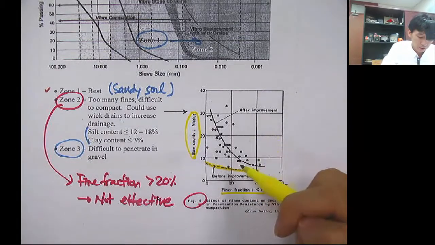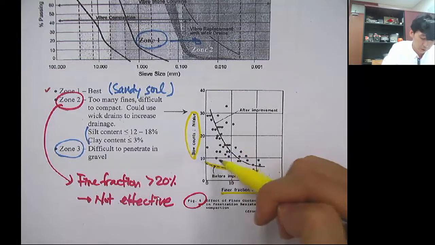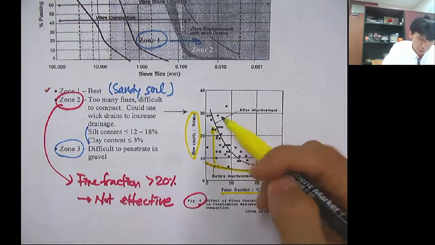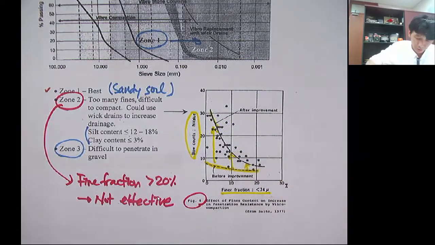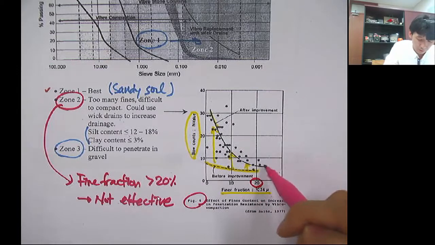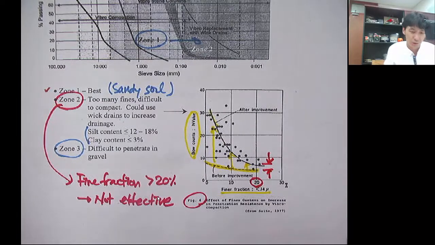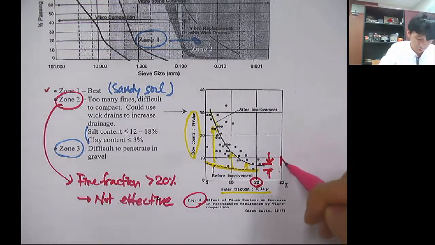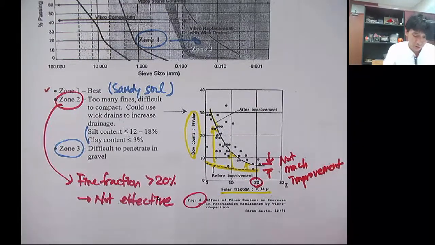But after the vibral compaction, it increases to here, but as the fine fraction approaches 20%, the amount of improvement is not distinctively large. So it's not much improvement that is achieved when the fine fraction is high.